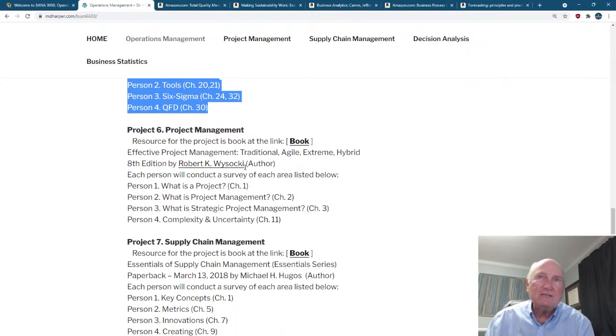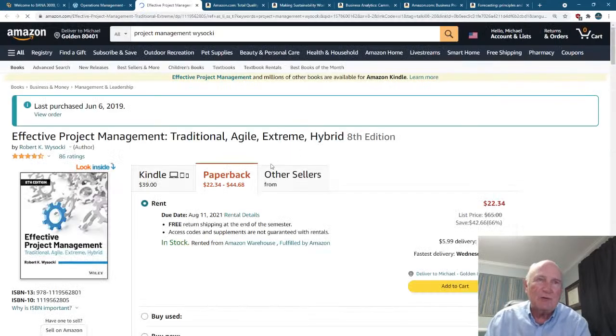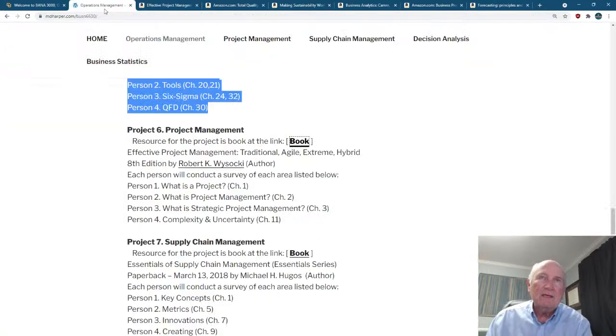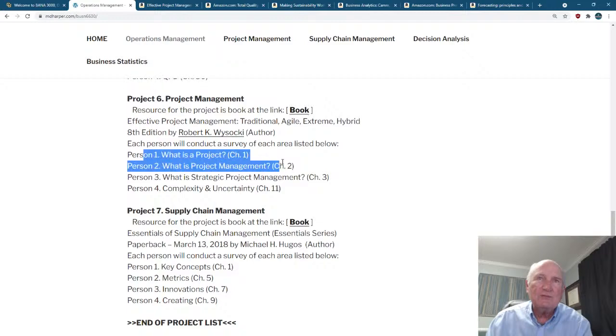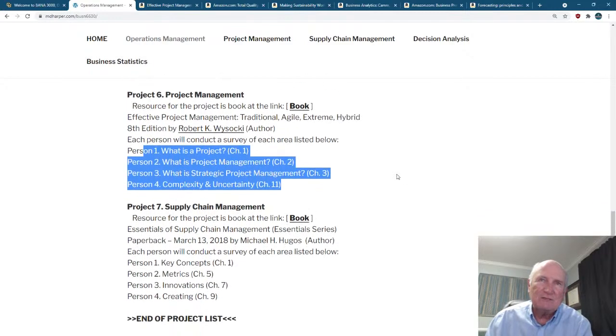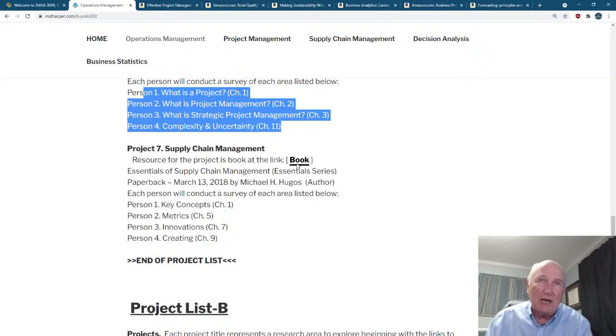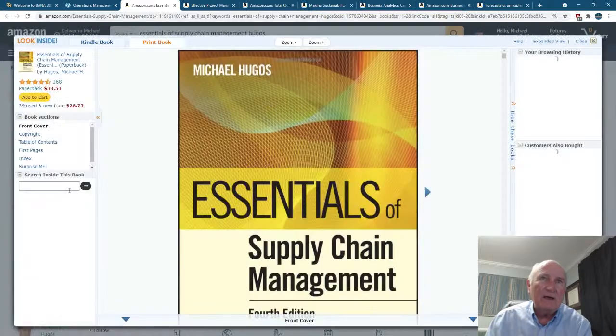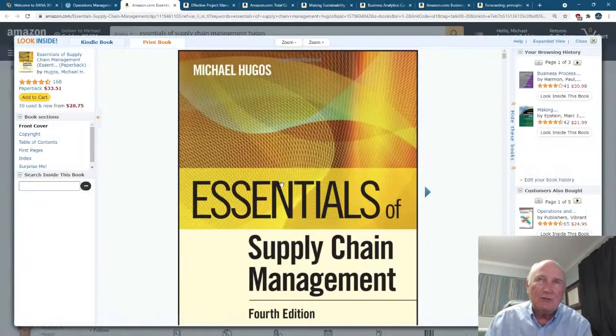And then project management. Now, this book I use at my graduate level in teaching project management. It's a very good practical book, Effective Project Management by Wysocki. Now, this book, you get what is a project, what is project management, so you can go do anything in project management. And then supply chain management, I teach out of this book. I use this as an essential, Hugos.